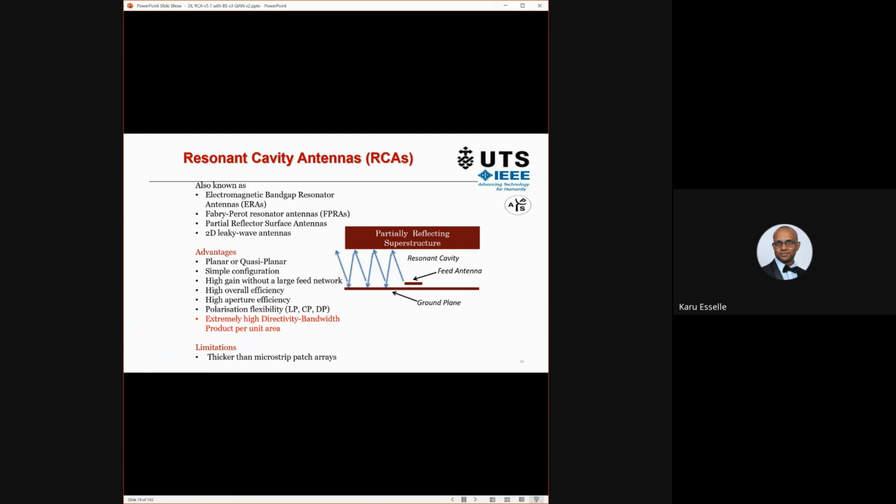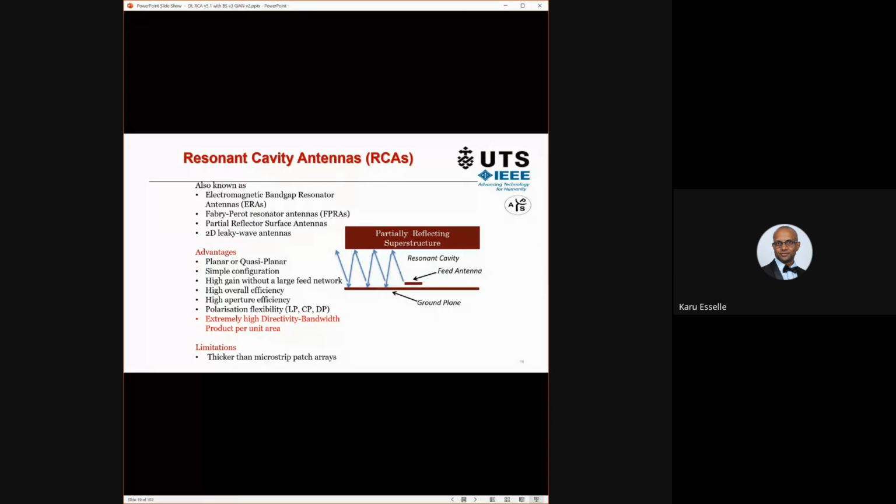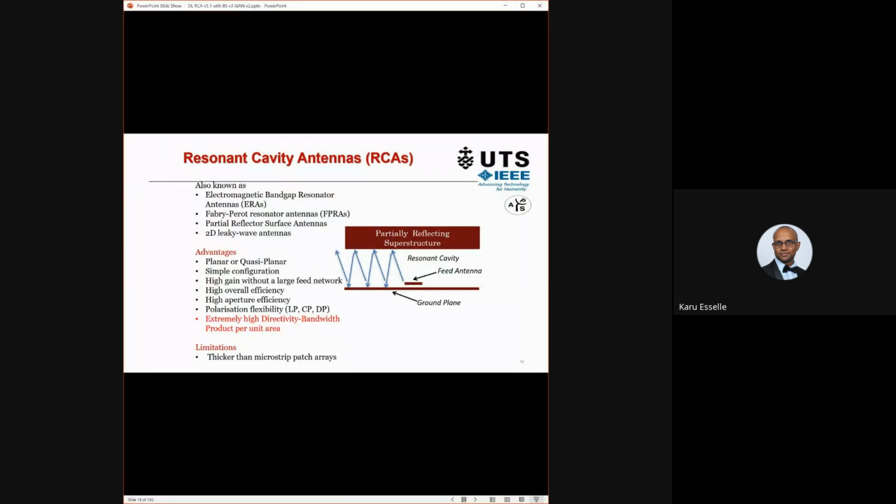Conducting plate, and that is a ground plane. But you can use other types of fully reflecting surfaces, like artificial magnetic conductor we discussed previously, because that is also fully reflecting. Okay, so those are the two parts, and then we have to excite the cavity.